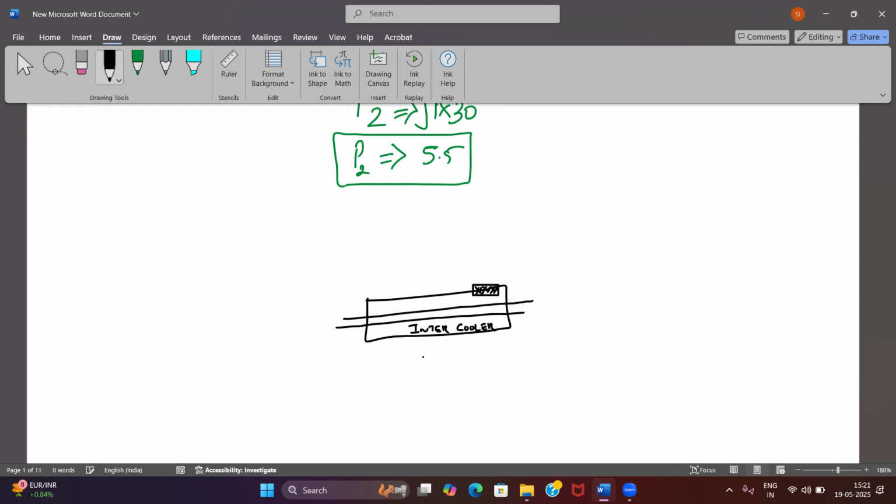Normally the bursting disk is on top. Yes sir, on top. So this is the cooling media in, cooling water out, air in, air out.